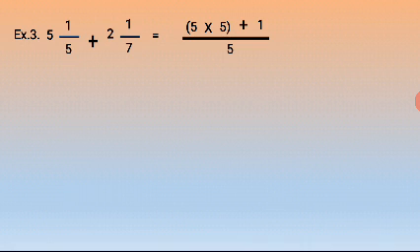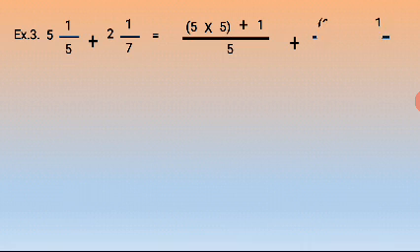convert this mixed fraction 5 and 1 upon 5 into an improper fraction, that is denominator into whole number plus numerator. So 5 into 5 plus 1 upon 5, plus the next mixed fraction 2 and 1 upon 7. We convert this mixed fraction into an improper fraction.